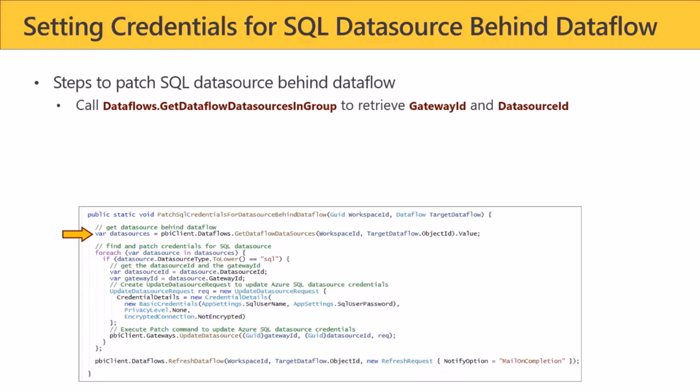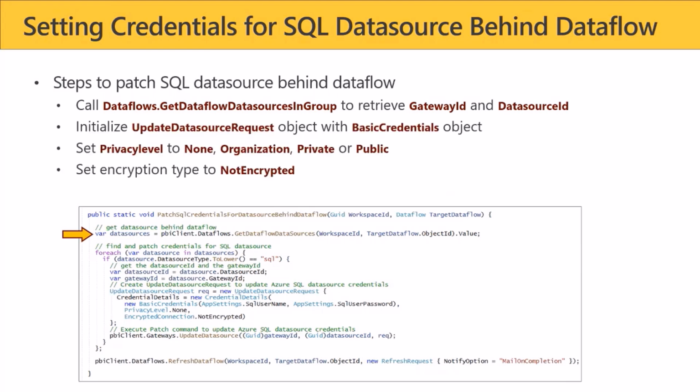Notice that another red-haired stepchild syndrome side effect is that with report and dataset objects, they have a .id. For data flows, they have a .object ID. So just don't let that catch you off guard. It should have been called target data flow.id, but its name is not as consistent as it could be.